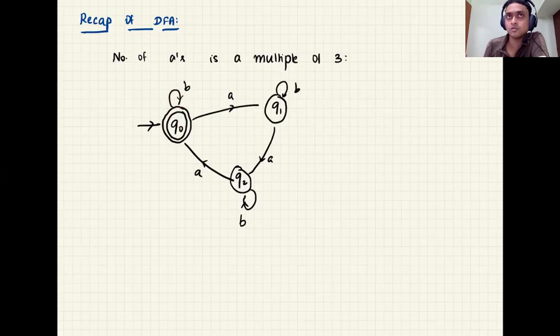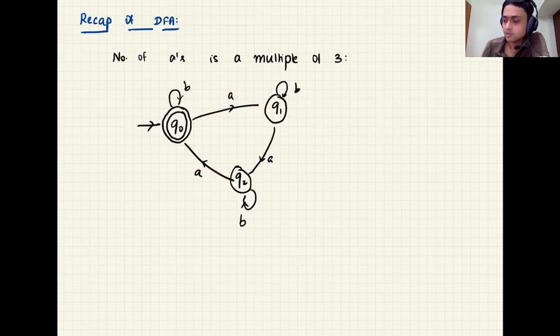The number of a's seen so far is still a multiple of 3. The moment I see an a, it becomes 3k plus 1. Then from here, if I see an a, it becomes 3k plus 2. And then finally, one more a will bring me back to a multiple of 3.